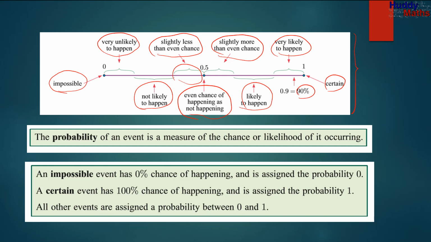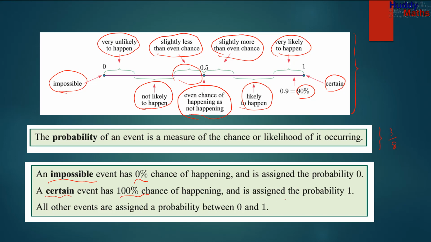Okay, so here we are. I hope you took the notes down from the first video. The probability of an event is a measure of the chance or likelihood. Remember, 3 were yellow out of 8 sectors on that first page. An impossible event has 0% chance, so impossible can't happen. And a certain event has 100% chance.